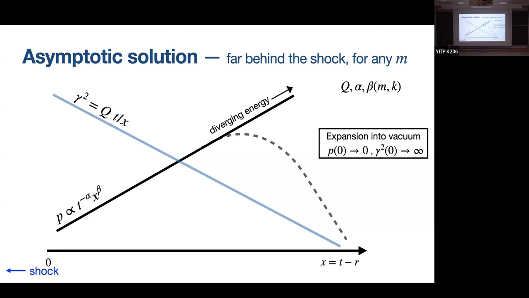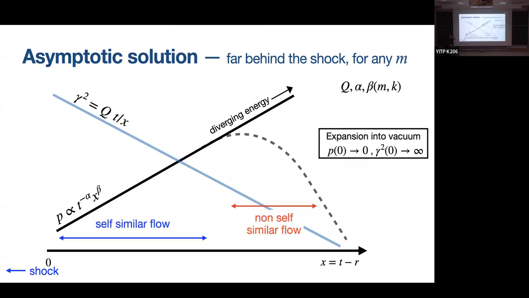And so in general, if we start with some initial profile and we let the system evolve, we expect there to be a part that behaves like this self-similar asymptotic, and this will constitute the self-similar flow that is supposed to eventually connect to the shock. And in the back part of the profile, we expect to find some kind of a non-self-similar flow.